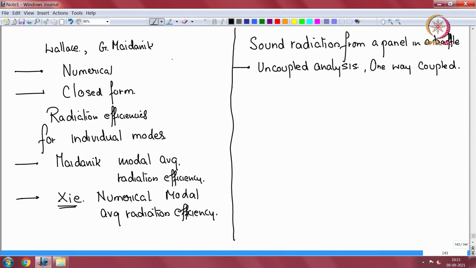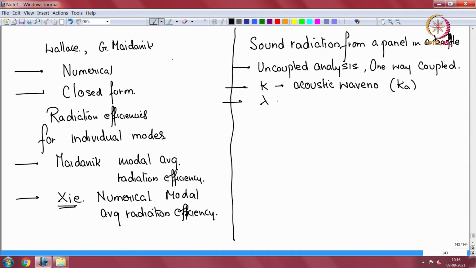The other thing I want to mention is I use K for acoustic wave number. I could at times use Ka also.